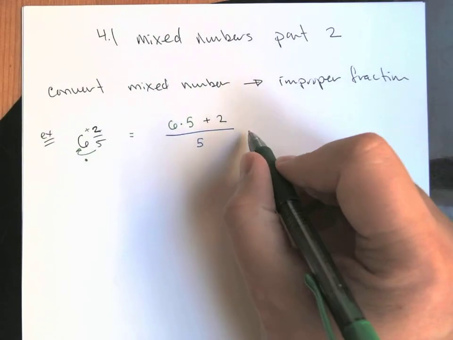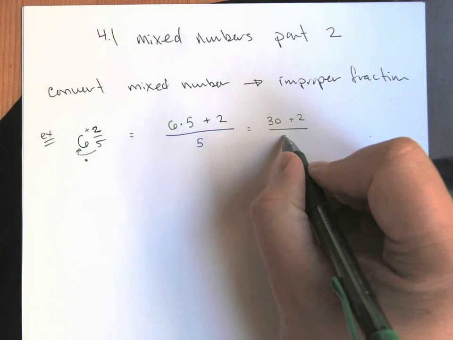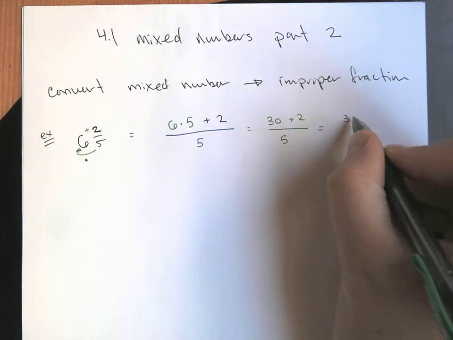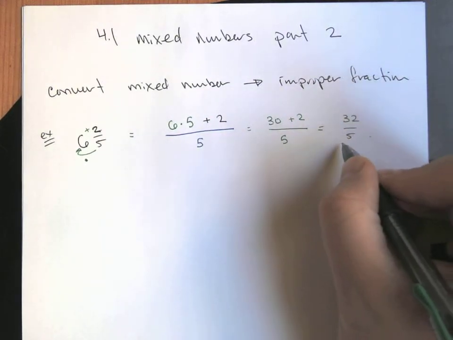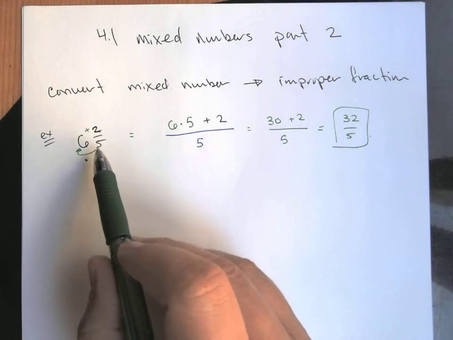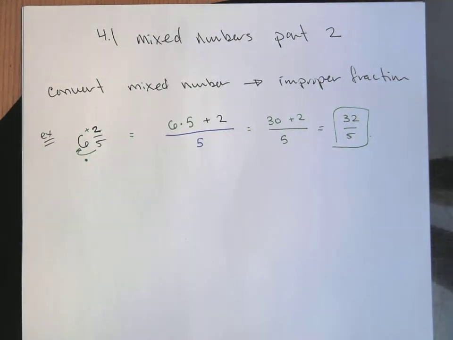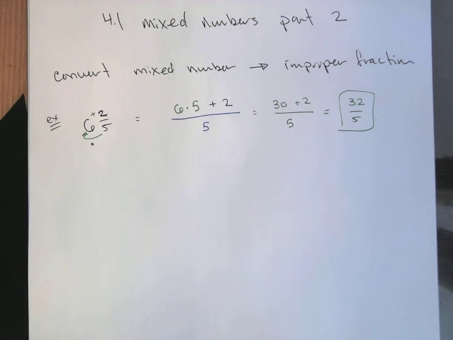So this becomes 30 plus 2 out of 5, which is obviously going to be 32/5. And so that's what we're going to end up with. So multiply your denominator by the whole number, add it to the numerator that you already had, and that's going to be your result.